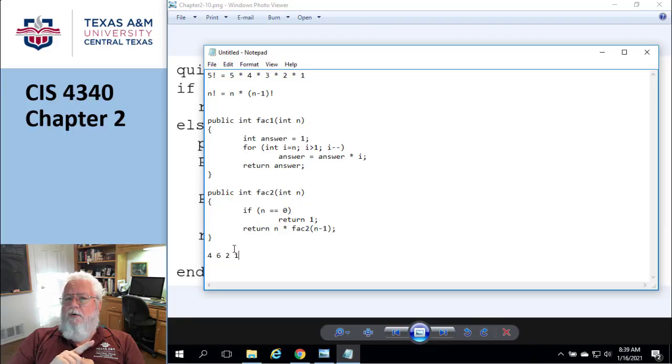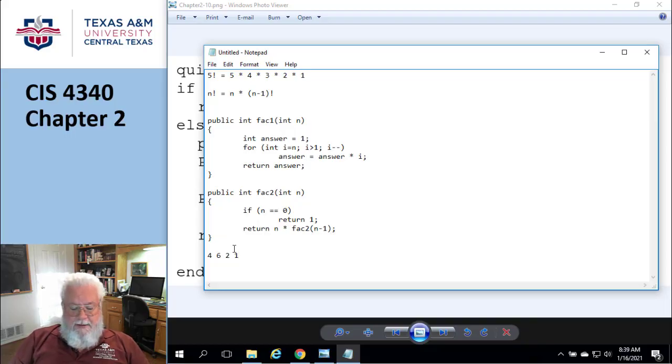But you don't know what order they're in, okay? So a permutation is how many different combinations of 4, 6, 2, and 1 are there, right? It's how many chances are there of me getting this right.